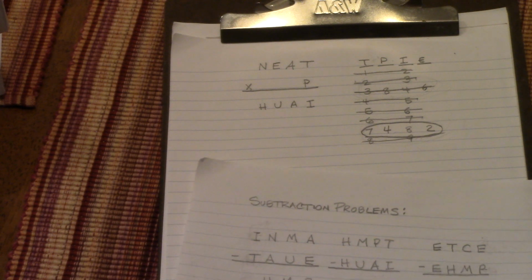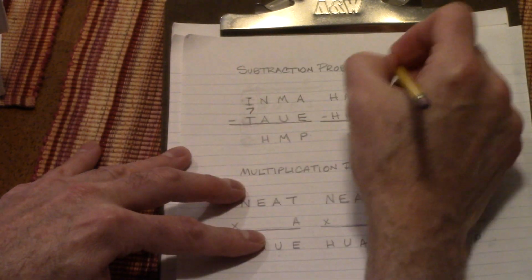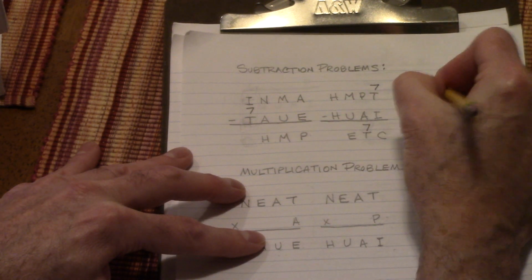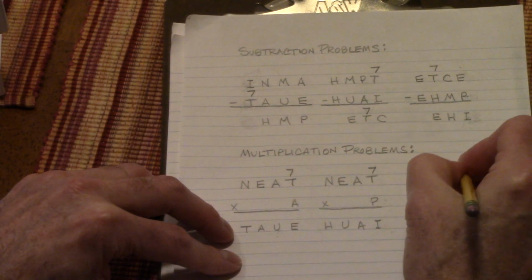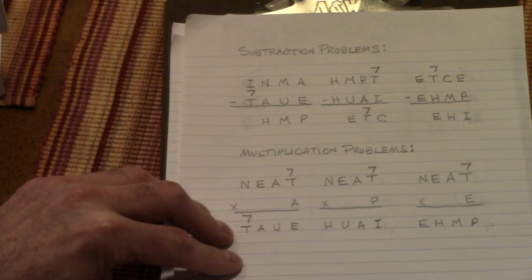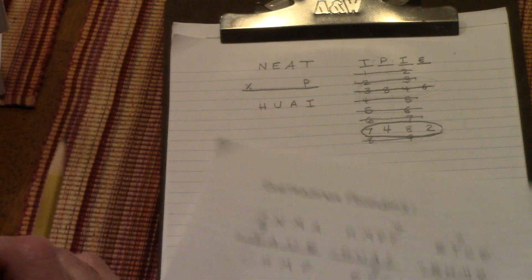So every place that I have a T, I have to put a 7. So bear with me here. We do have a 7 there as well. I'm very prone to not getting all of the numbers where they need to be. But bear with me and we'll see if we can do this correctly here. P would then have to be 4.